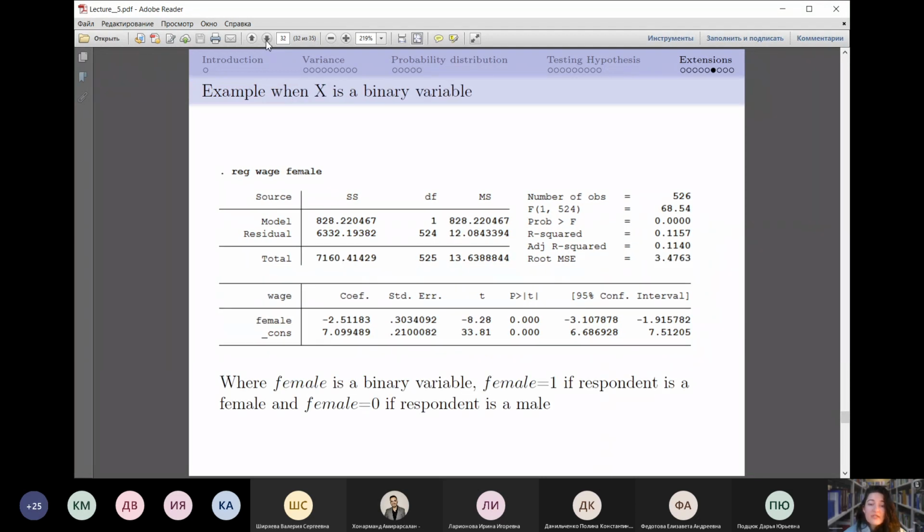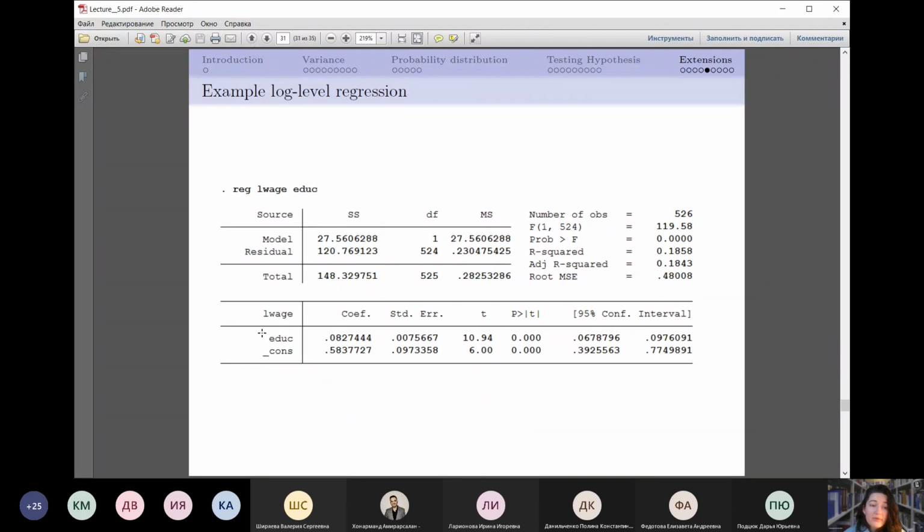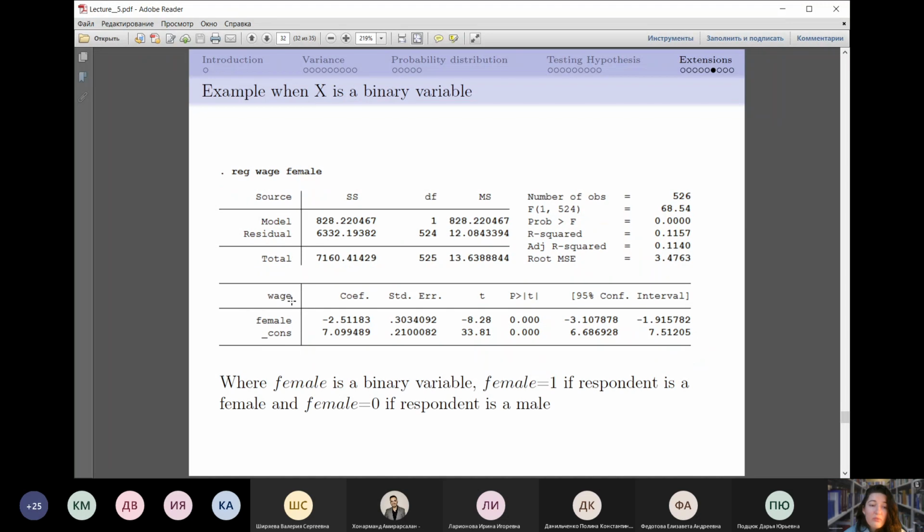Next, sometimes in our models you will see not a continuous variable like this. Sometimes in most cases we want to include some categorical variable, or let's start with a binary variable.